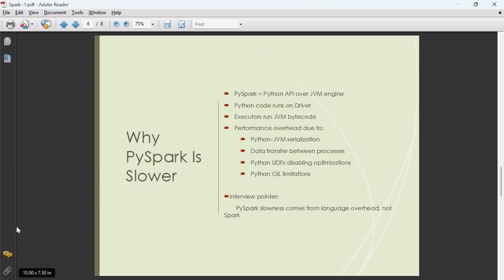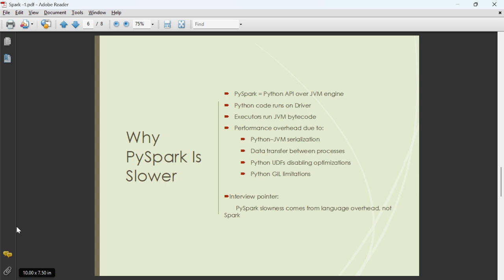When you use PySpark, your Python code runs on the driver, not on the executors. The actual execution still happens in the JVM. This means data has to move between Python and the JVM, which introduces serialization and communication overhead.